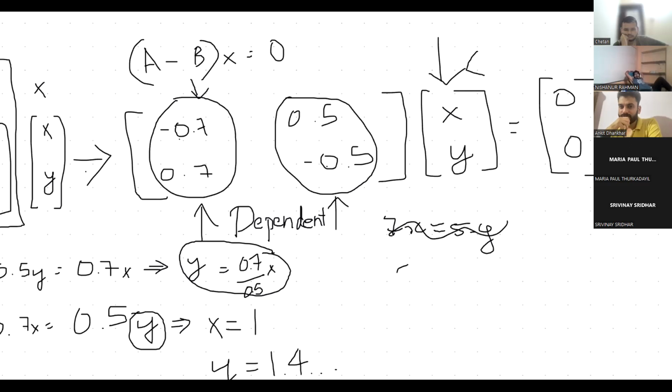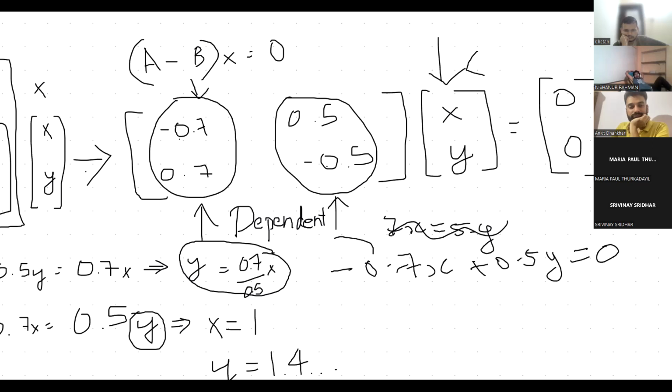What will be the equation corresponding to the matrix [-0.7, 0.7; -0.5] times [x, y] equal to [0, 0]? You can write it as -0.7x + 0.5y = 0, right? Isn't that the same thing we got here?